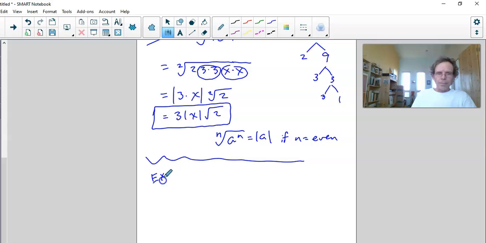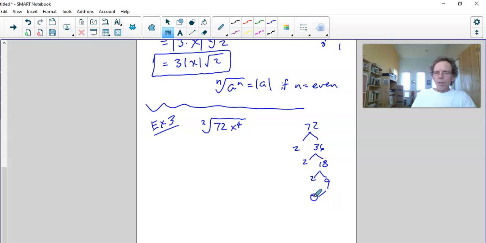So, all right, another example. Example 3. Let's say we have the square root again, of 72 x to the 4th. So let's get the prime factorization of 72. 2 goes in 36, still even. 2 goes in 18, still even. 2 goes in 9.